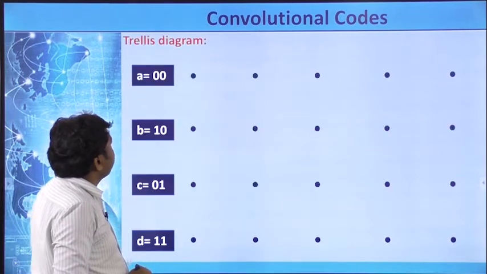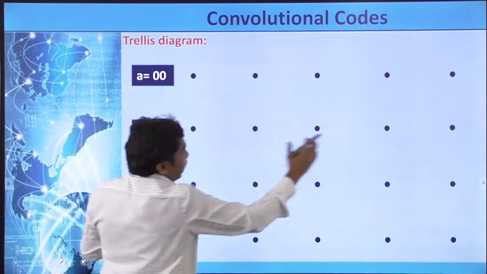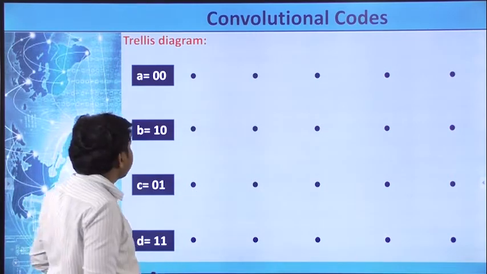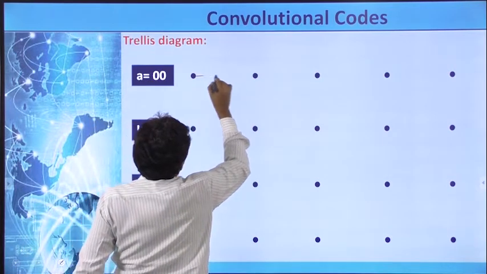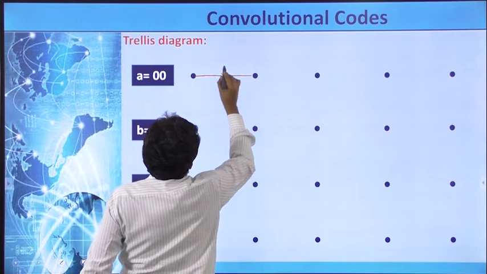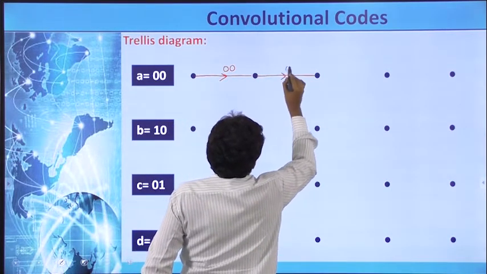So how do we write it? Represent all the states on the vertical axis and repeat along the x-axis. The present state is 0 0. When you apply input 0, it moves into the same state with the output bits 0 0. Repeat this.